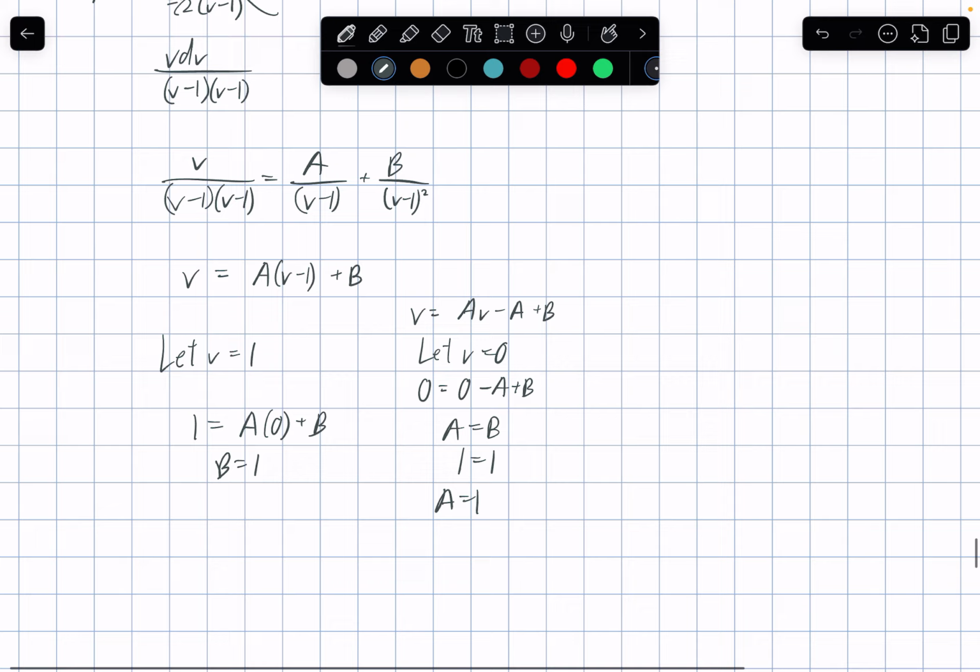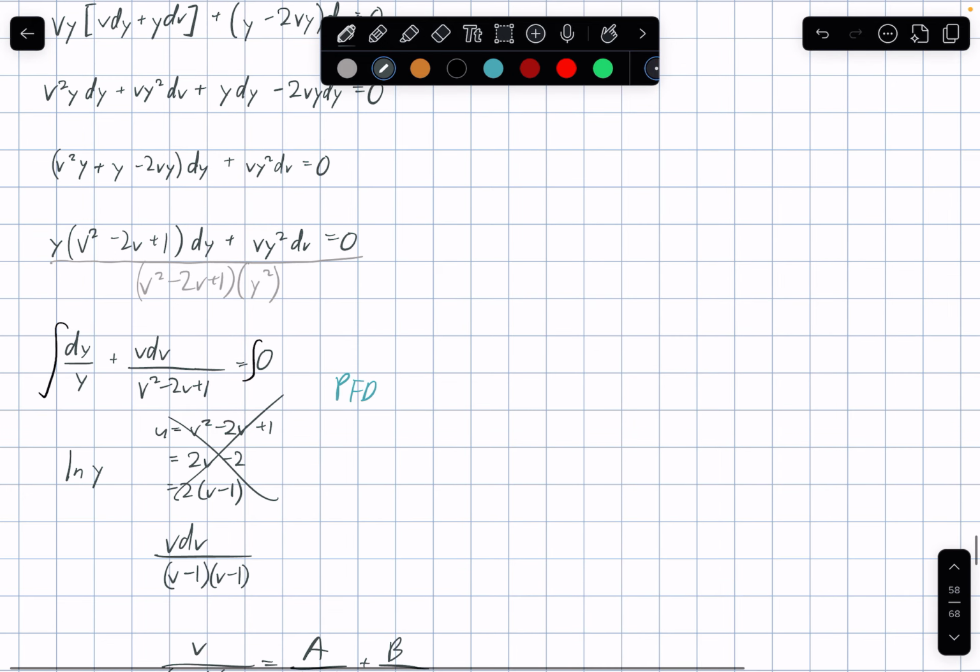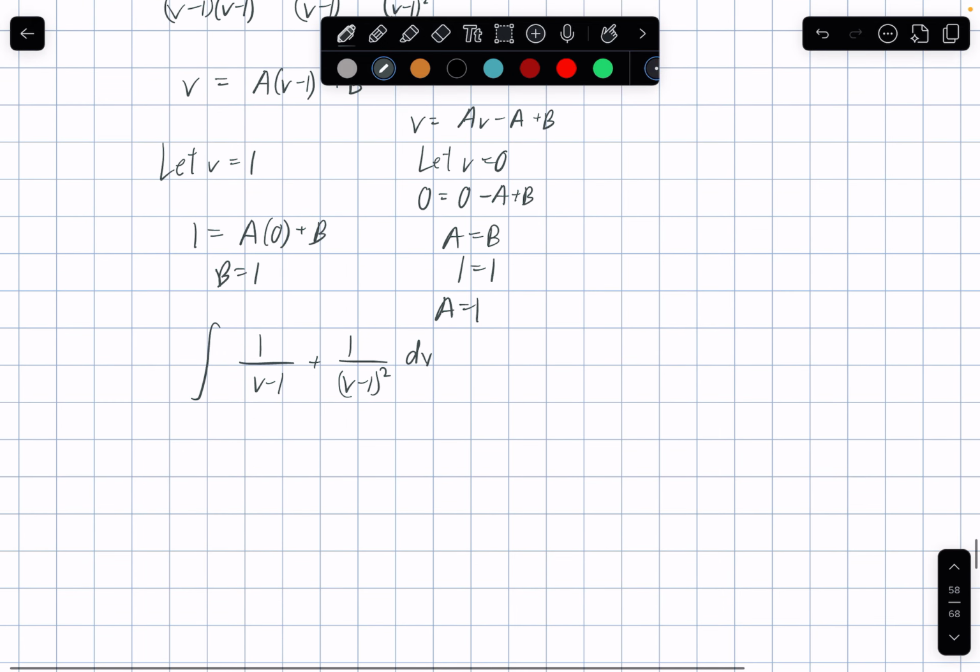Is that actually possible? Okay. So copying this, substituting, we have this, okay? So don't forget the integral sign and dv. Okay, let's now integrate. It's much easier this time.